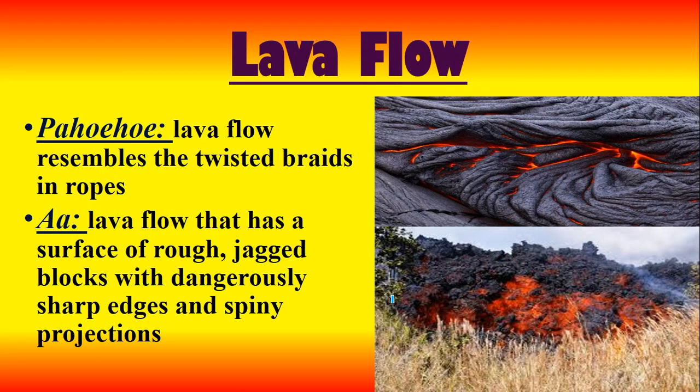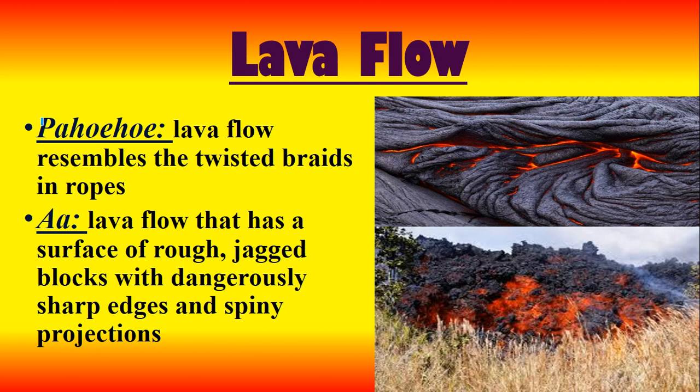So lava flows. Usually when I think of lava flows, I think of things just engulfing whatever they come in contact with. But we actually have two names for them, and they come from Hawaiian words.